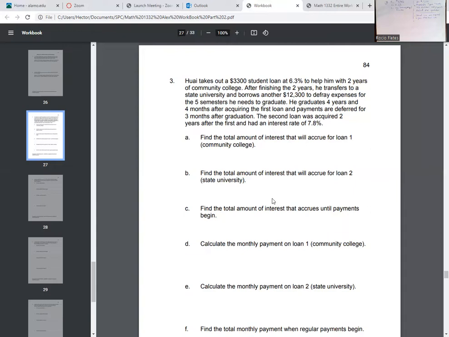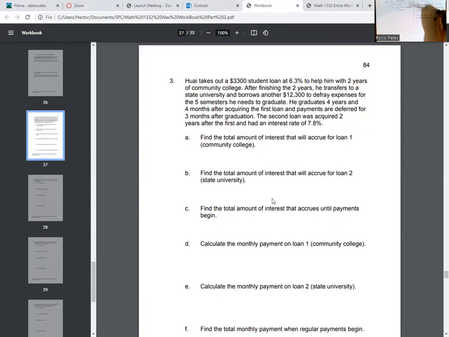So he's gonna graduate 52 months after the first loan, and payments are deferred after graduation 3 more months. And so 52 plus 3 is 55. So there's a total of 55 months.